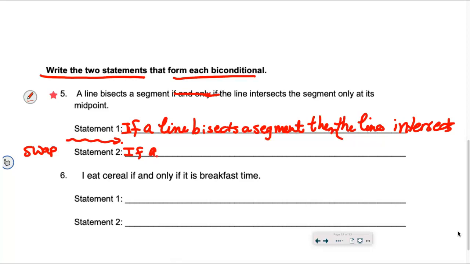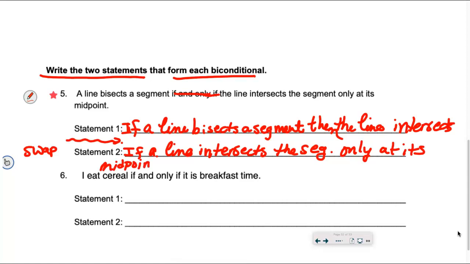So I'm going to say if a line intersects the segment only at its midpoint, then, and I'm reversing them, it bisects a segment. So then we can say then the line bisects the segment. So now we are deconstructing them.